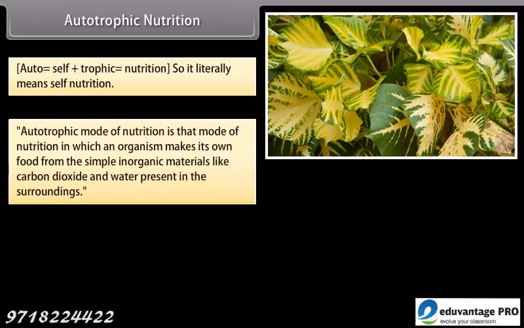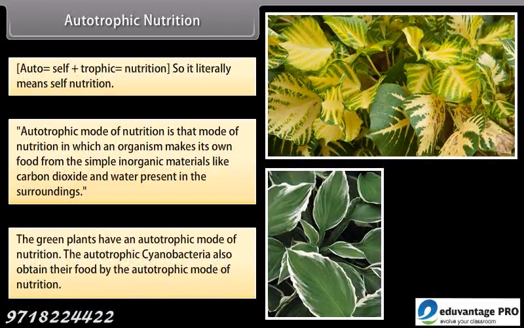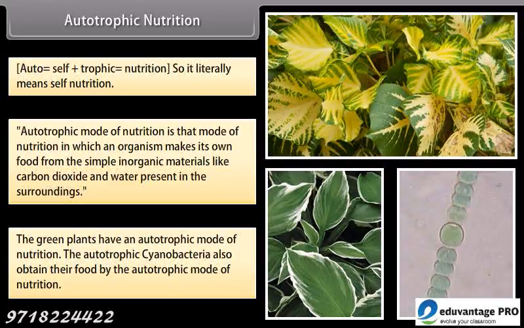Autotrophic mode of nutrition is that mode of nutrition in which an organism makes its own food from the simple inorganic materials like carbon dioxide and water present in the surroundings. The green plants have an autotrophic mode of nutrition. The autotrophic cyanobacteria also obtain their food by the autotrophic mode of nutrition.